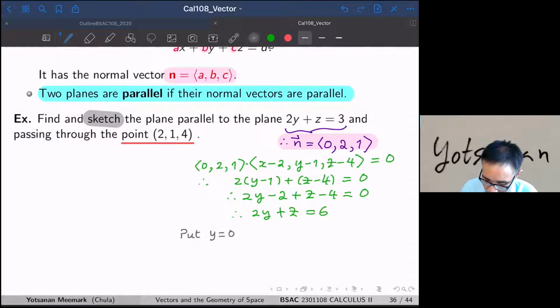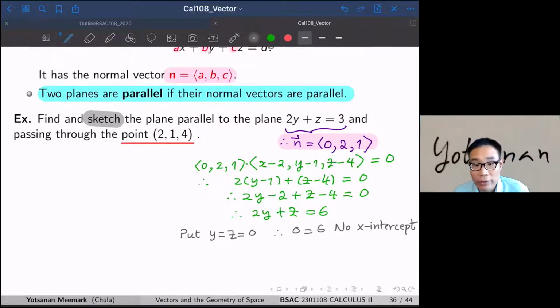Then you get 0 equal to 6. In this case, you have 0 equal to 6, which is false, right? So it means that you have no x-intercept. The next one, you're going to put x and z equal to 0.